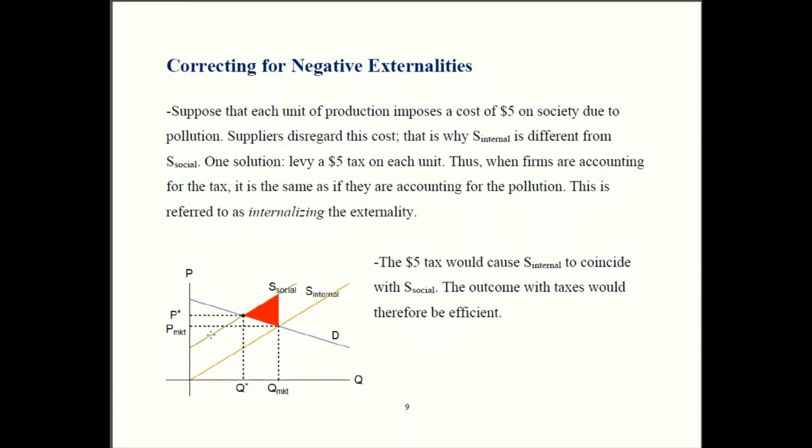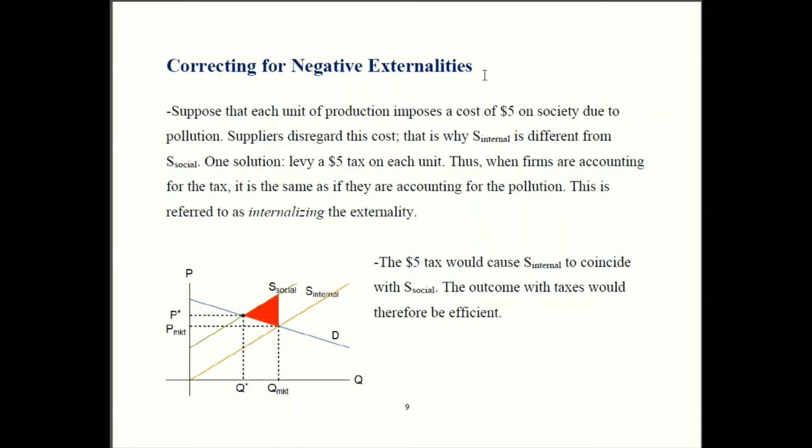The firm still doesn't care about pollution, but they do care about the tax. Set that tax just right, so the tax equal to the harm from the pollution, then the firm is thinking about the tax. It's equivalent to them thinking about the pollution.